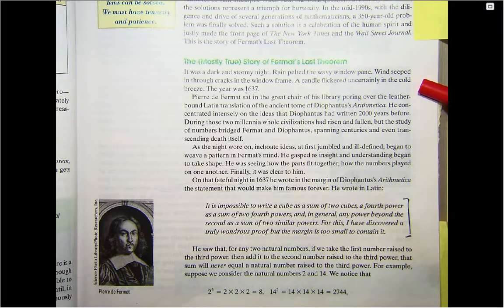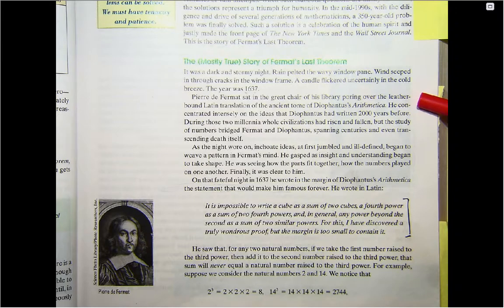The year was 1637. Pierre de Fermat sat in the great chair of his library poring over the leather-bound Latin translation of the ancient tome of Diophantus's Arithmetica. He concentrated intensely on the ideas that Diophantus had written 2,000 years before. During those 2 millennia, whole civilizations had risen and fallen, but the study of numbers bridged Fermat and Diophantus, spanning centuries and even transcending death itself.